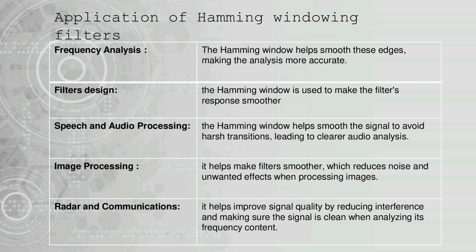Number 3, speech and audio processing, which helps smooth the signal to avoid harsh transitions, leading to clearer audio analysis. Number 4, image processing. It helps make the filter smoother, which reduces noise and unwanted effects when processing images. Number 5, radar and communication. It helps improve signal quality by reducing interference and making sure the signal is clean when analyzing its frequency content.